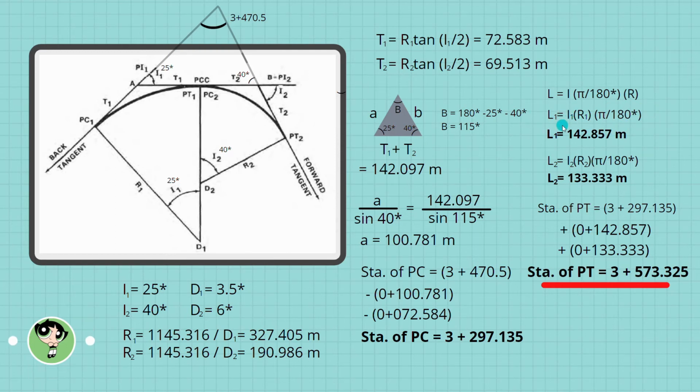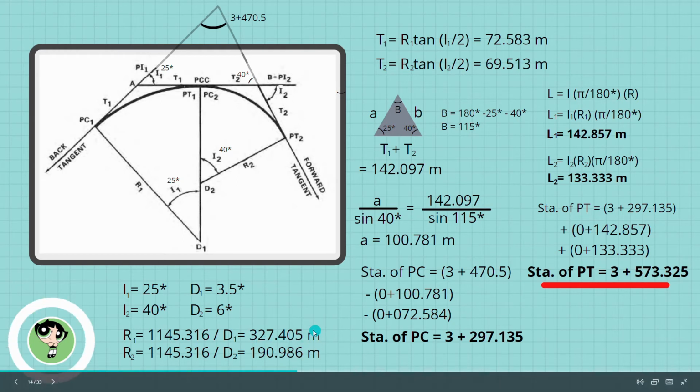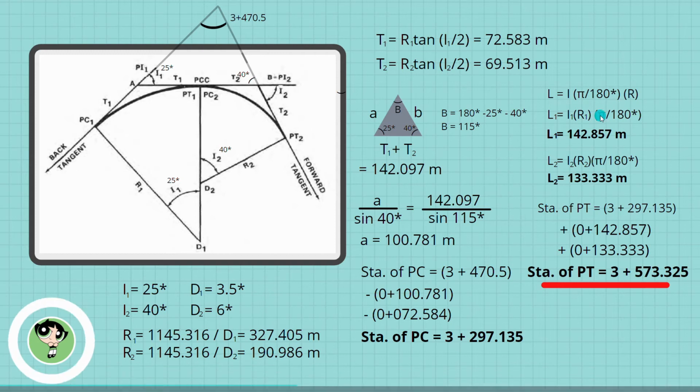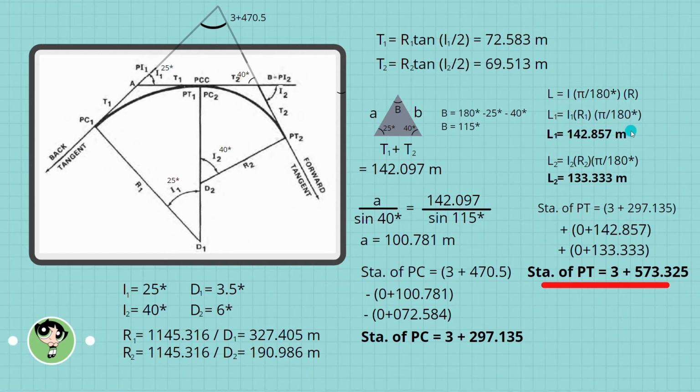L1 is equal to I1, which is 25 degrees, times R1, our radius 1, which is 327.405 meters, times pi over 180 degrees. Plugging this into the calculator, we get a length of the first curve of 142.857 meters. That is our length 1. Next is our length 2.